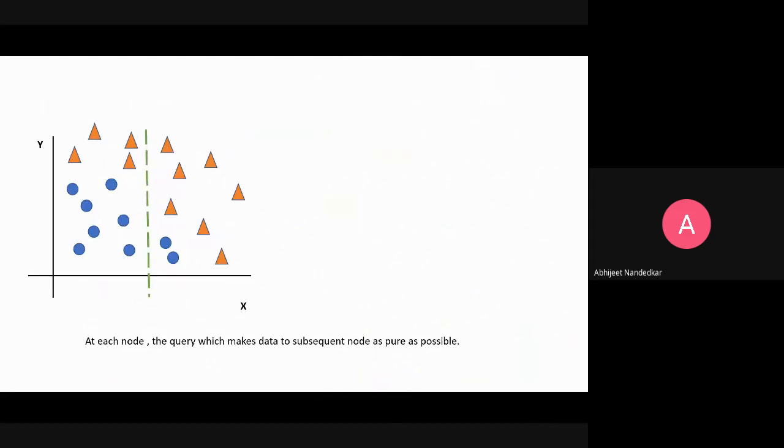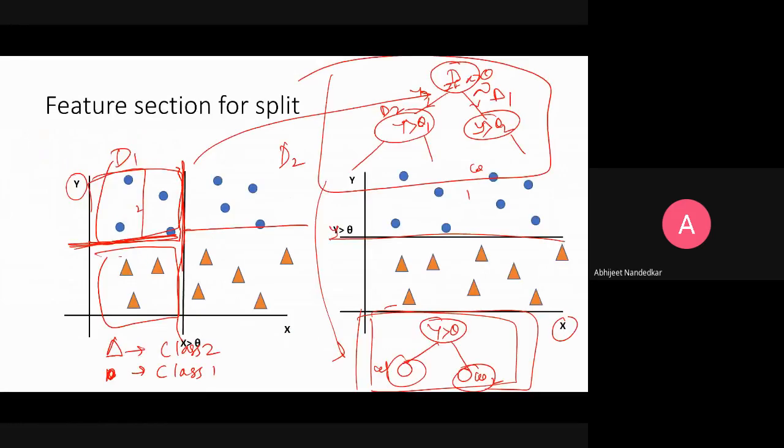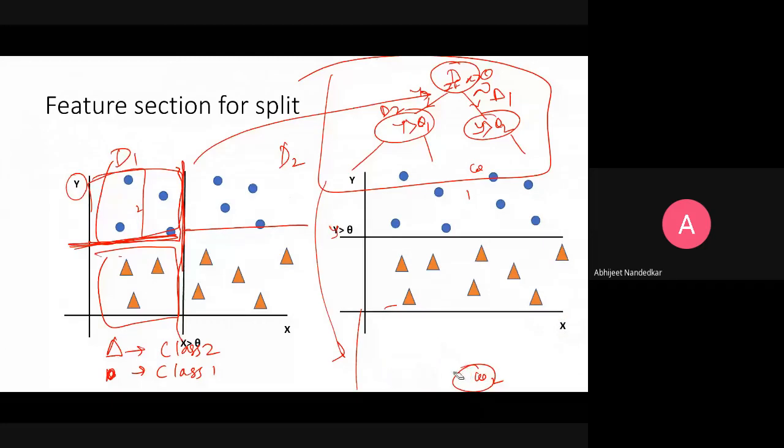Now suppose I want to create a tree for this kind of data. I start with X, because this is data which you cannot solve directly like the earlier one. Here the data was good, so you could draw one line to partition it into two groups.